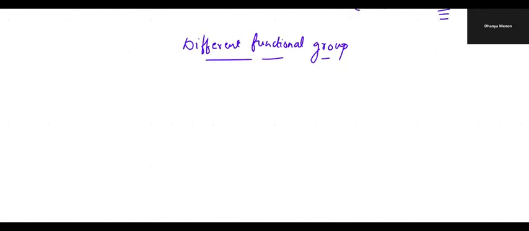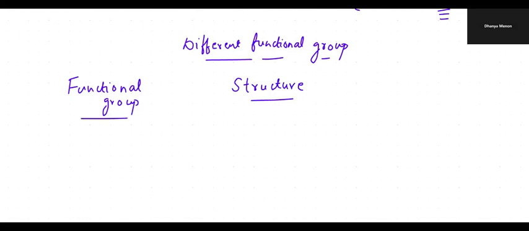So here we have the functional group, the structure, and the secondary suffix that we would be using.